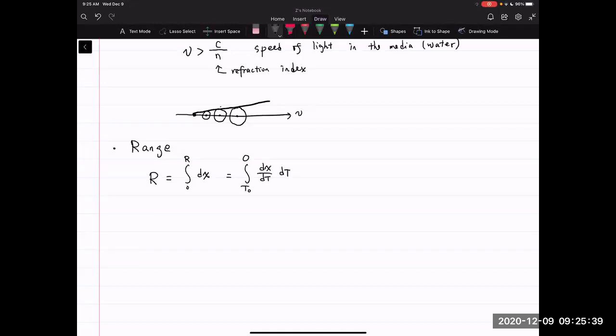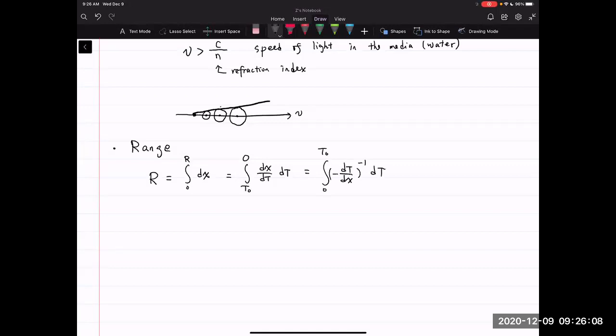If you rearrange this a little bit, what we know is the stopping power, so we have dT over dx, with the minus sign. And 1 over this will be dx over dT. So we integrate over dT, and since we have the minus sign, we change the integral from 0 to T naught.